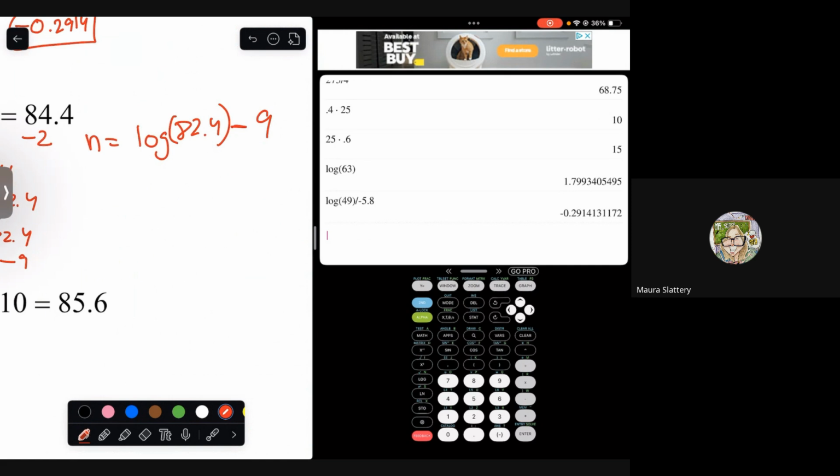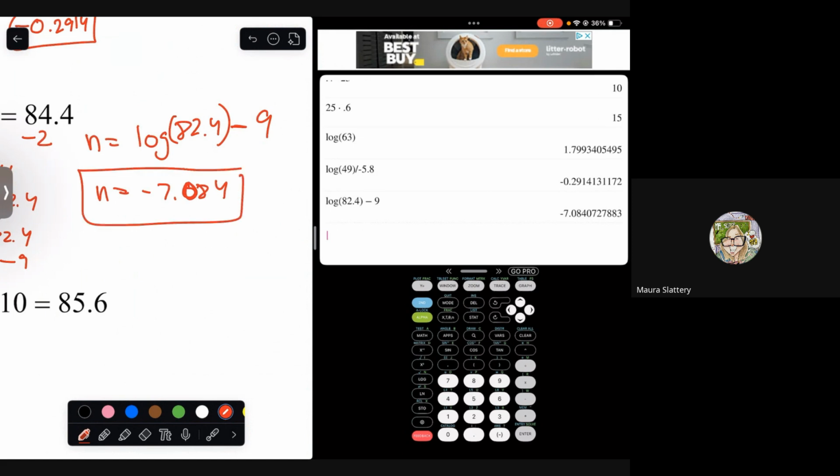Be aware that you need to close that log off when you plug that in. So we're going to do log of 82.4, close parenthesis, minus 9. And we should get negative 7.084. Questions?